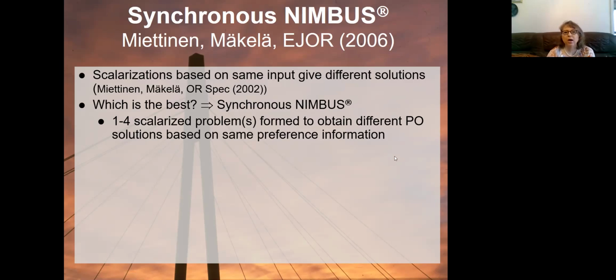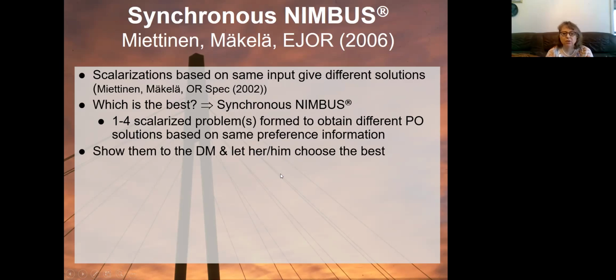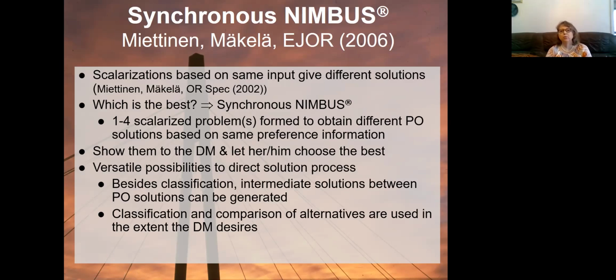So that is why we have the so-called synchronous NIMBUS, which contains up to 4 different scalarizing functions. So based on the preference information in terms of classification that the decision maker once provides, we can create several scalarizing functions, solve them, and get somewhat different Pareto optimal solutions, and let the decision maker choose which of them is the best, instead of us method developers determining in advance which scalarizing function should be applied.